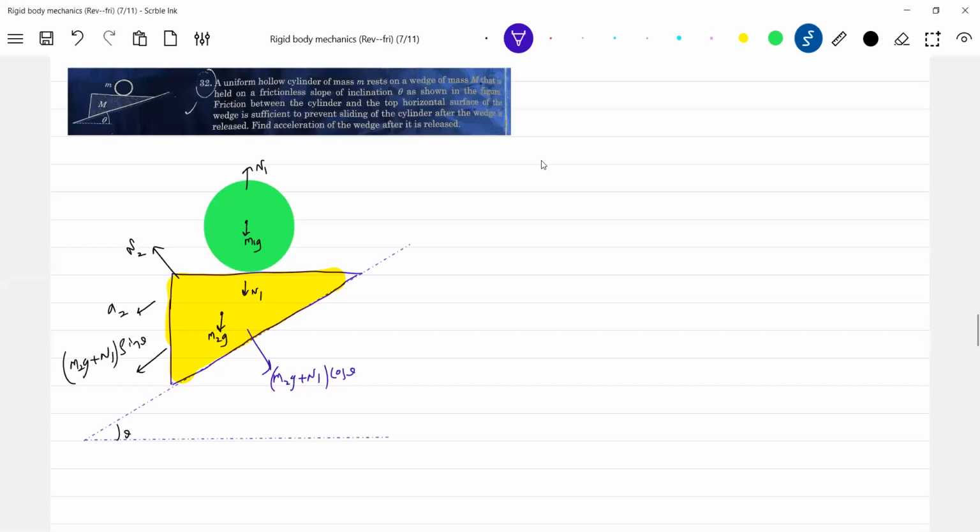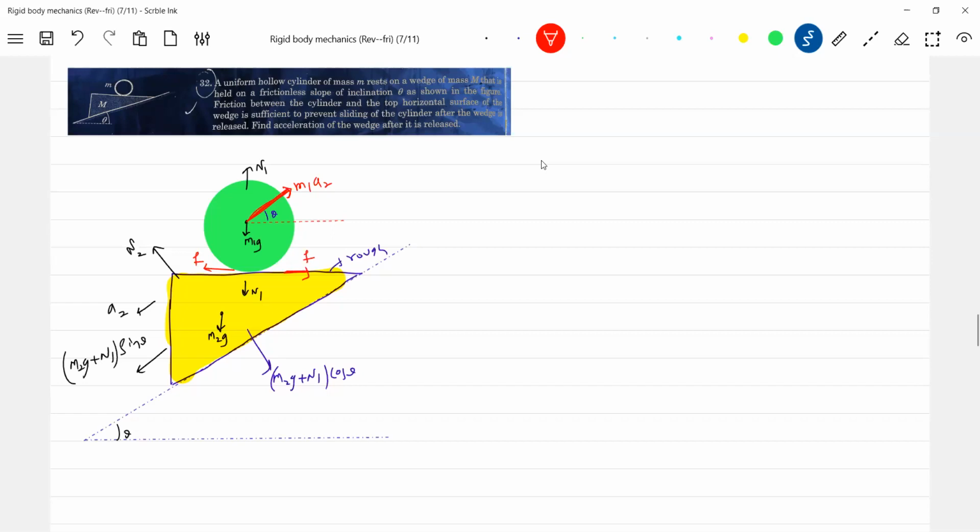And this is rough. It's telling us this surface is rough. So we'll apply a pseudo force. This will be M1 A2. Component of this force will act towards right. So this angle has to be theta. Then the frictional force will be on the wedge.